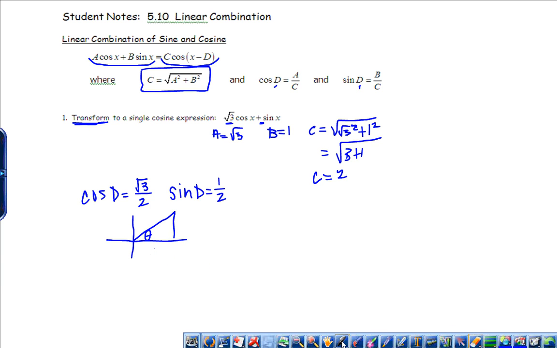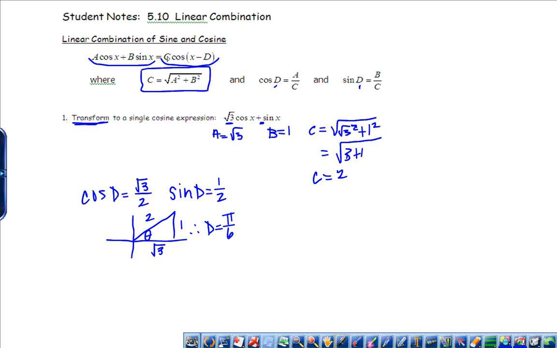More like it, this would be √3 right here, and this would be 2, and sine would be 1 over 2. So this theta right here would be 30 degrees. Since we're working in radians, my D value would be 30 degrees or pi over 6.